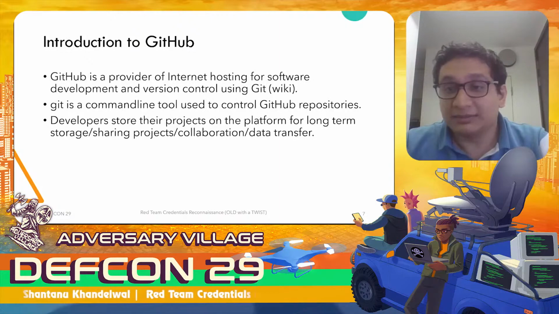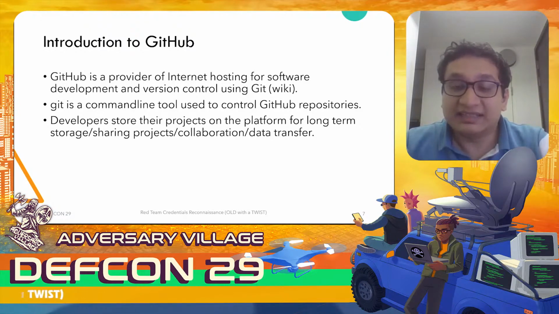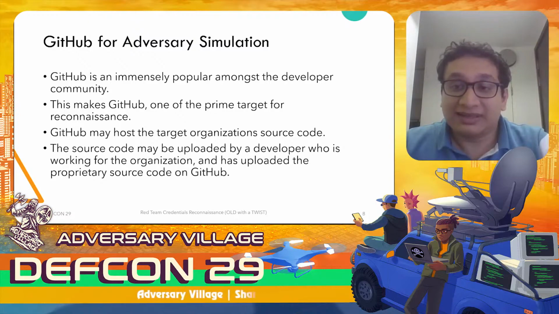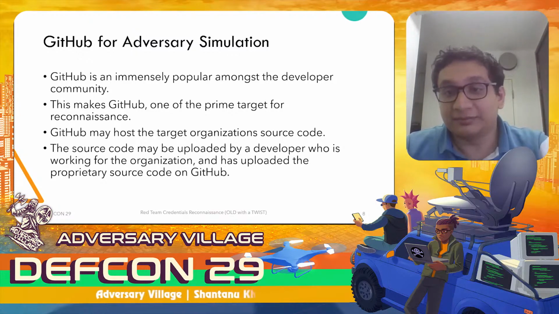So what is GitHub? As per Wiki, it is a provider of internet hosting for software development and version control using a command line tool called Git. Developers use GitHub for storage, sharing projects, collaboration, data transfer, etc. From an adversary's perspective, GitHub is a gold mine.